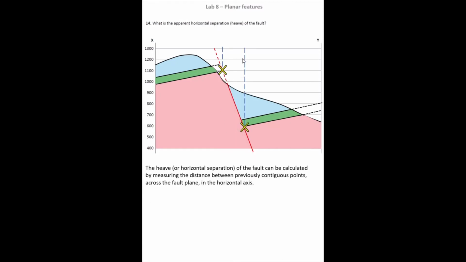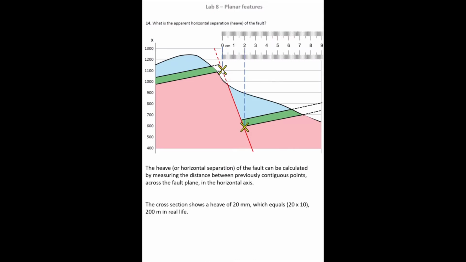Then the next question asks us to find out what the heave of the fault is, and that's the horizontal separation. So this is our dip separation between these 2 points, and the heave is that separation just in the horizontal dimension. Okay, so the distance between those 2 points in the horizontal dimension is 20 millimeters, which equals 200 meters when we multiply it by the scale factor.